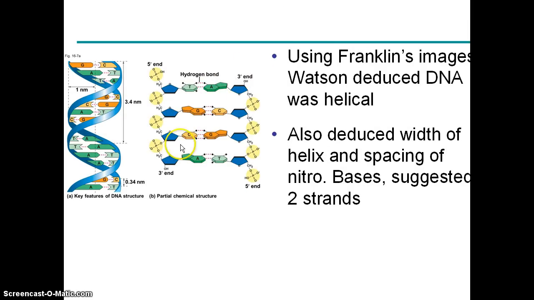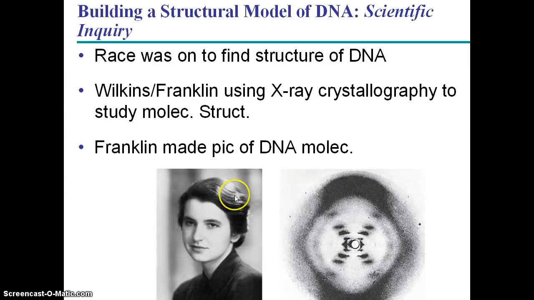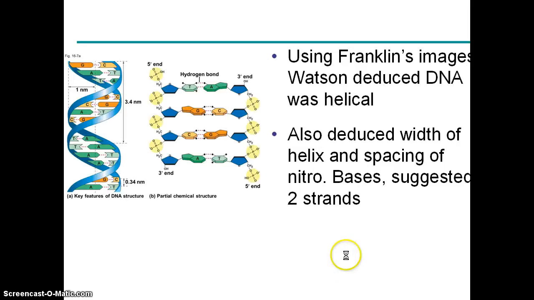Now, using Franklin's image, Watson was able to calculate and deduce that the structure must be a helix. He was also able to figure out how far apart the individual components of the molecule were spaced. So he had a sense of the distance across this helix.